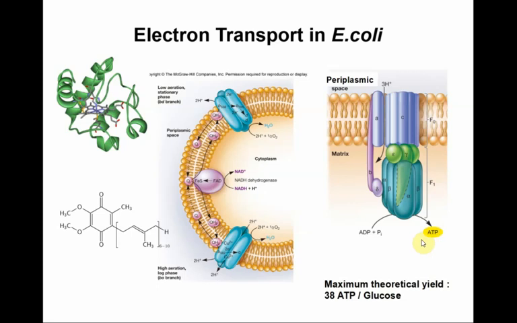And this is very, very efficient. So if you calculate the number of protons that can be translocated per molecule of glucose, and how many protons are required to generate one molecule of ATP, then in fact, the maximum theoretical yield is 38 ATP per molecule of glucose, way higher than what you get from fermentation.